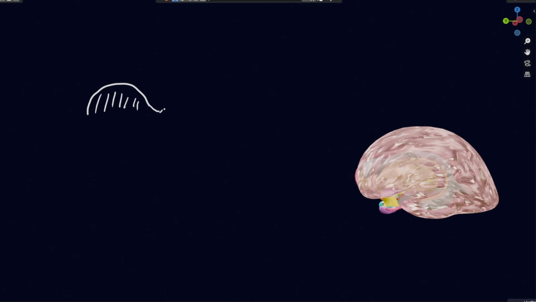Sulci is the plural and sulcus is the singular term. So again there is gyrus and there is sulcus. So this is a collection of sulci and gyri. If you see the brain, you will see that it is not smooth. In an adult brain, the fully developed brain, you will see that it is thrown into such folds that there are elevations and depressions. Elevations are gyri, depressions are sulci, and of course there are fissures as well.